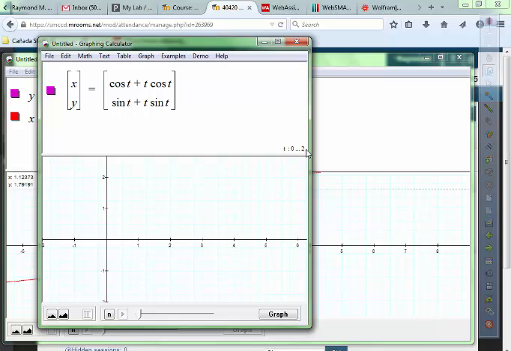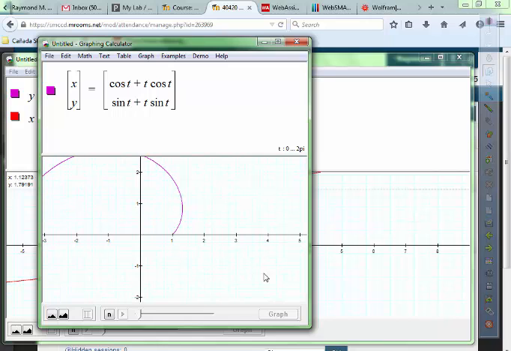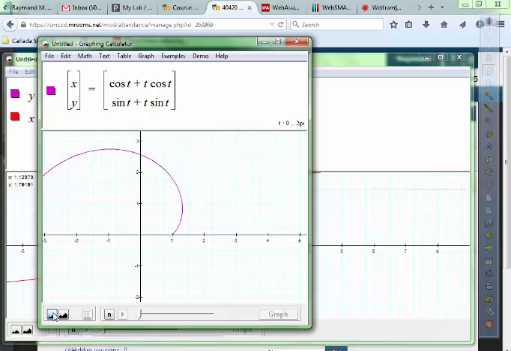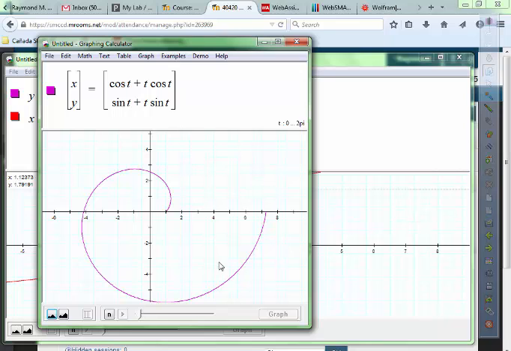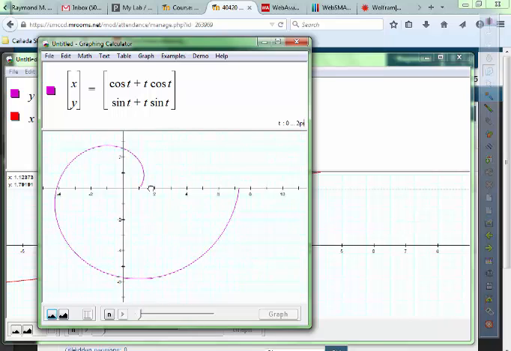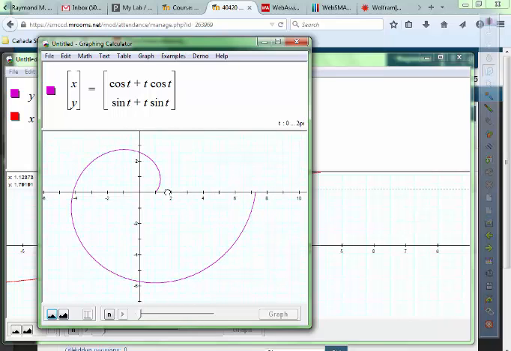So if I want to go from 0 to 2 pi, I just press enter, and then I get that. And I can use these windows. You know how in your graphing calculator you have to go to Window and set the X and Y window, and then set the T window parameter. Here you can do that really quickly by just zooming in, zooming out, or moving this around to get a view of what you need.